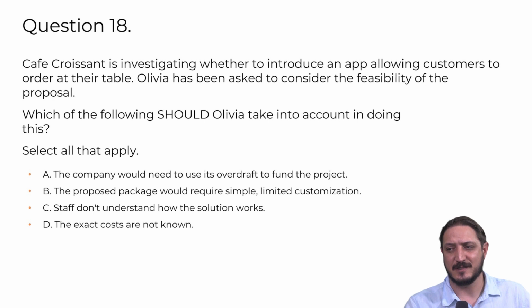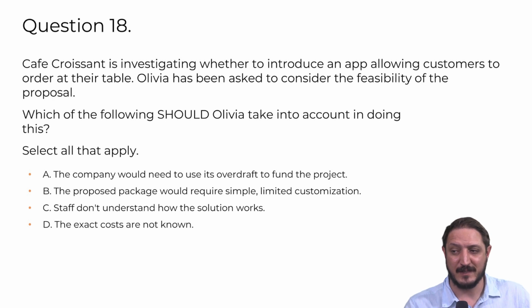So we can see that this is more from an organizational perspective. We don't even know if the staff are the ones that will be using the application. Contextually, this is indicating that the staff are the cafe staff who make the coffee, and the customers are the ones that are going to be using the solution. So to me this contextually doesn't fit in with the three categories of the feasibility assessment, and if you know the subcategories, it doesn't fit in with those either.